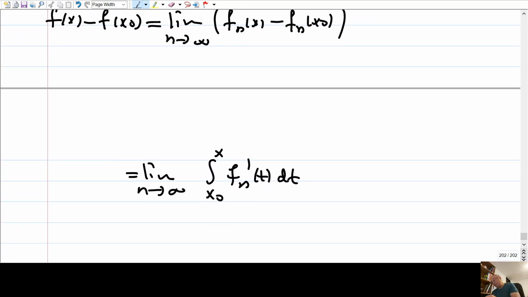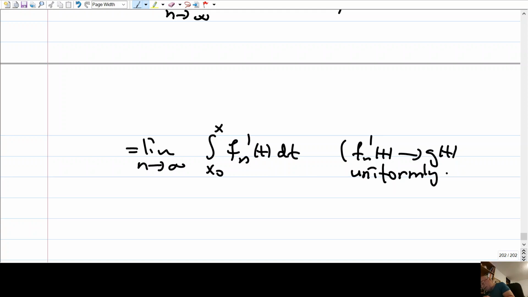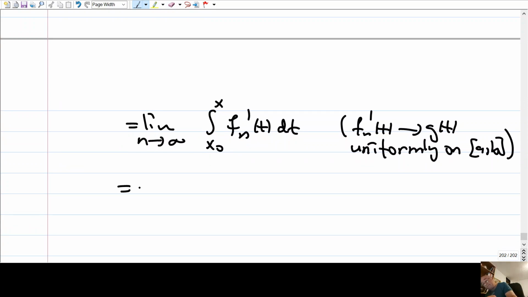However, we know that the f_n primes converge to g(t) uniformly on [a,b]. Therefore, this integral, I know that this is just the integral from x0 to x of g(t) dt.